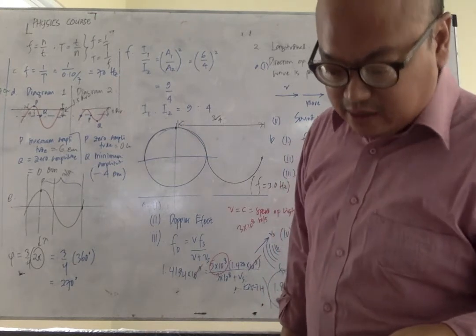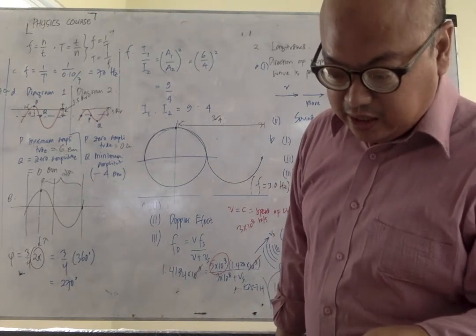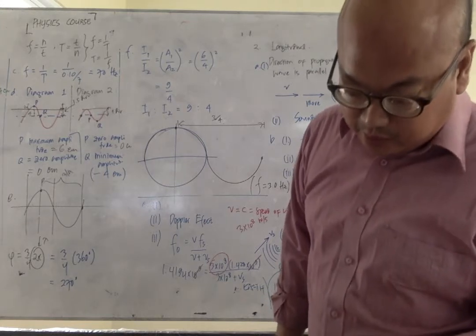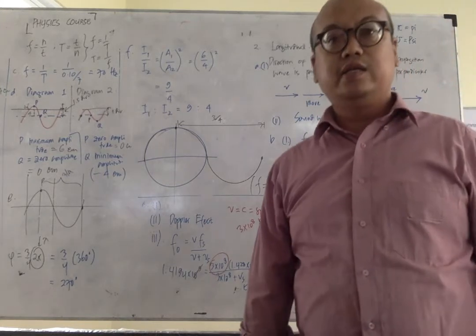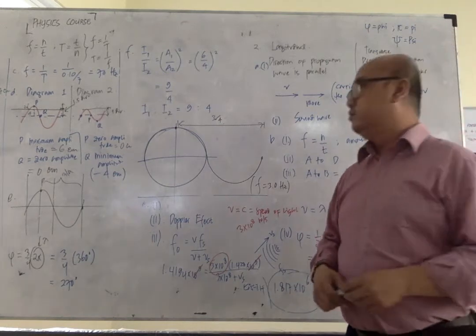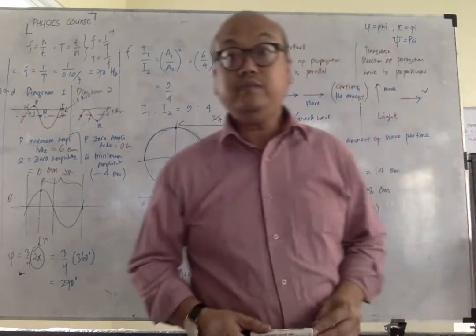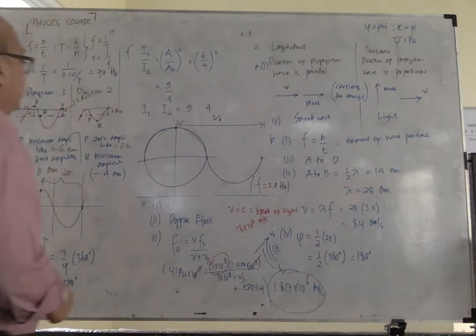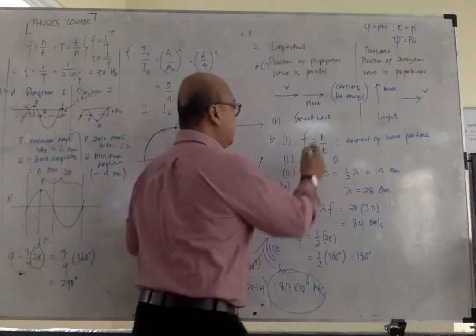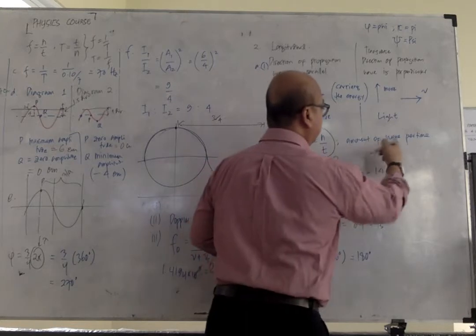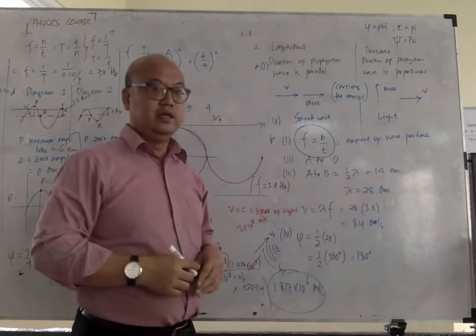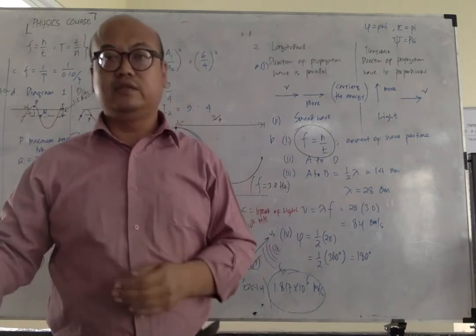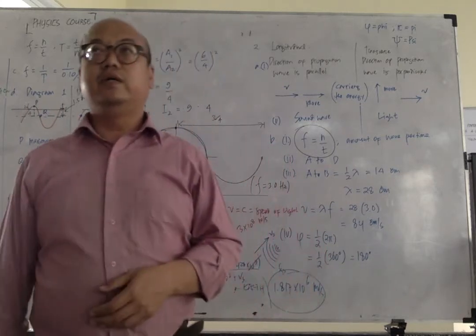So A, B, C, D, and E are points on the wave. Explain what is meant by frequency. We know from before about frequency and period. The frequency is the total number of waves per unit time, how many waves in one second.